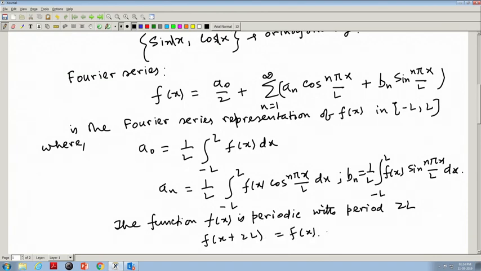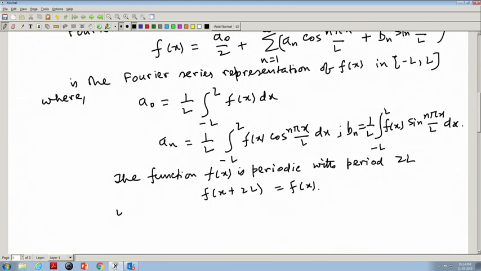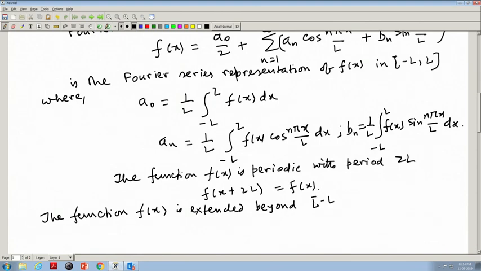So the function f(x) is extended beyond minus L to L by considering it a periodic function.